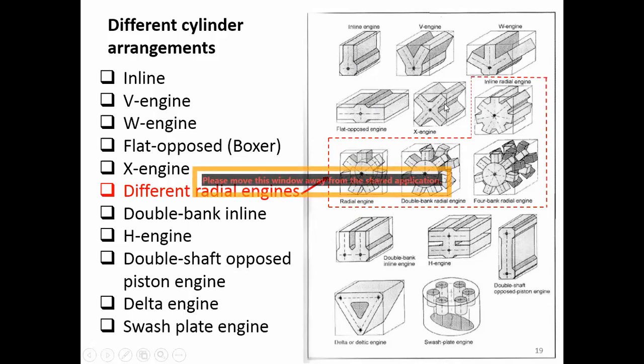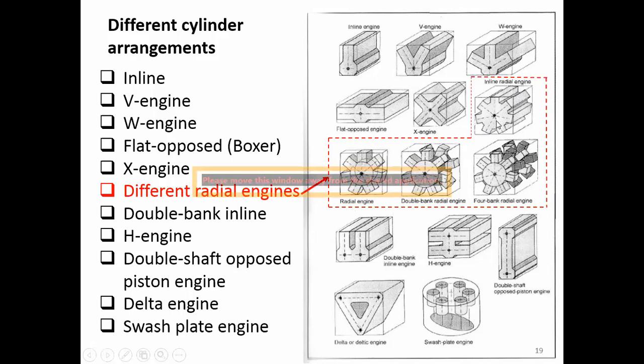You have an X engine here. And you can have a different radial engine that looks like this. All of these are called radial engines, because it can be either an inline radial engine, which means you have more than one cylinder inline, and also cylinders along the radial here.